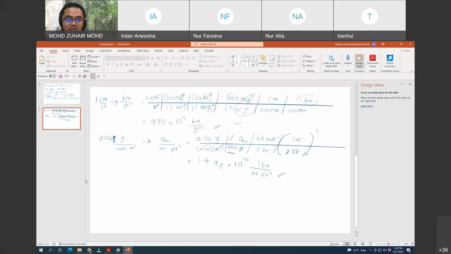Let's just do the third one, 23 pound mass feet over minute power of 2. We want to convert this to kg cm over second power of 2. Similarly, what you need to do is do the conversion one by one.